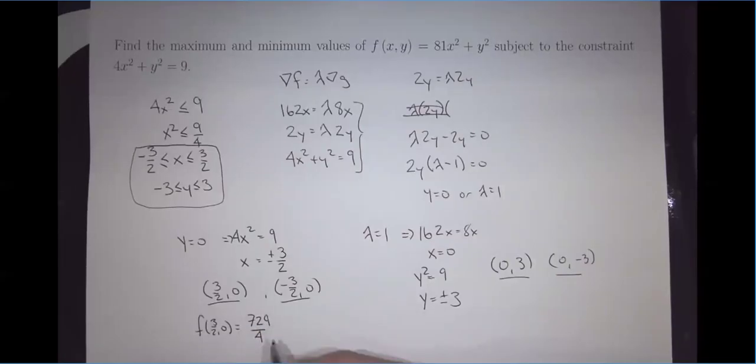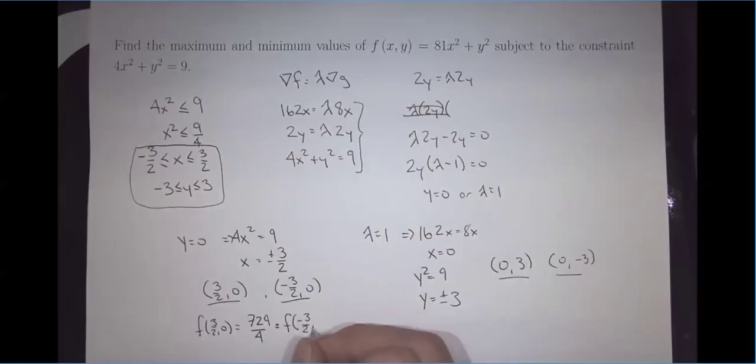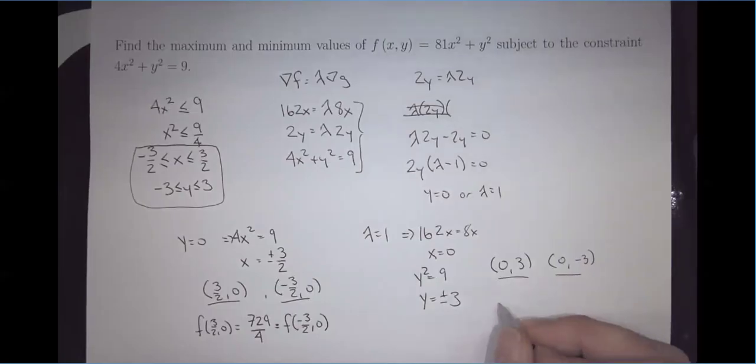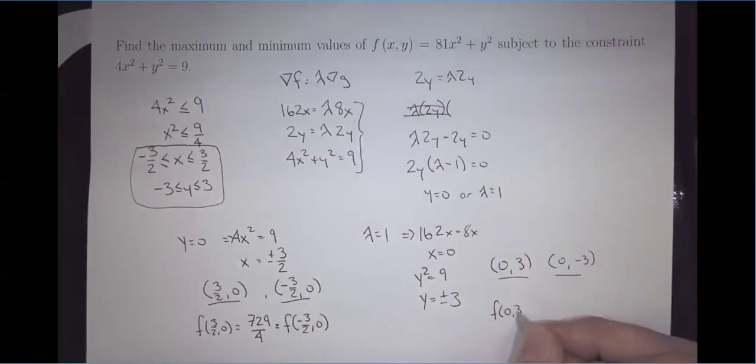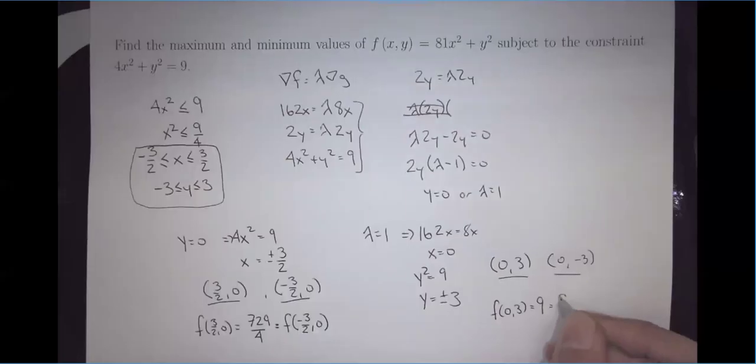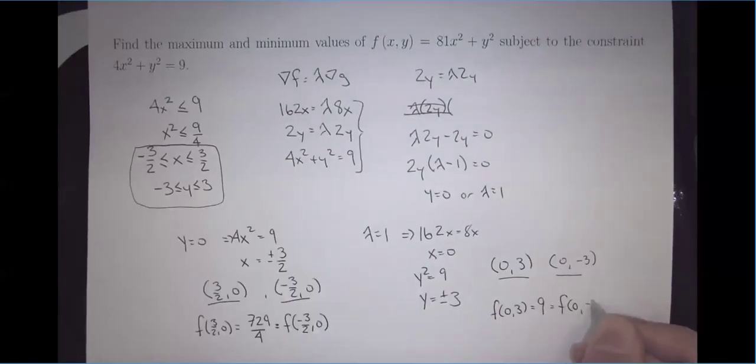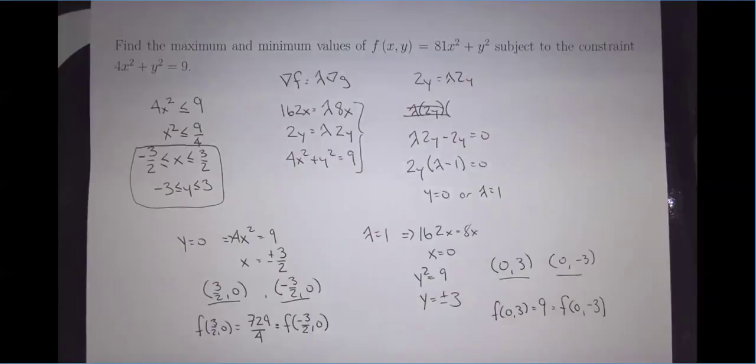And because it's symmetric, that's the same thing that we get for f of negative 3/2 and 0. Now, if we plug in 0 and 3, then we get f of 0 and 3 equals 9, which is the same thing as f of 0 and negative 3. Again, there's a lot of symmetry here.